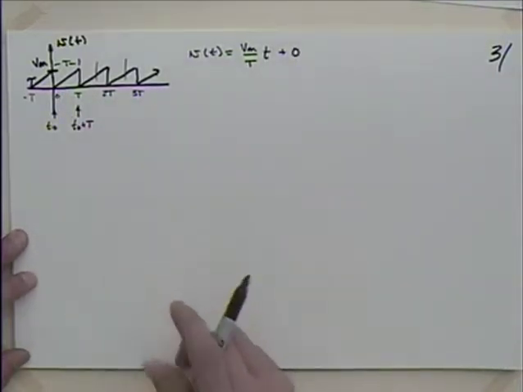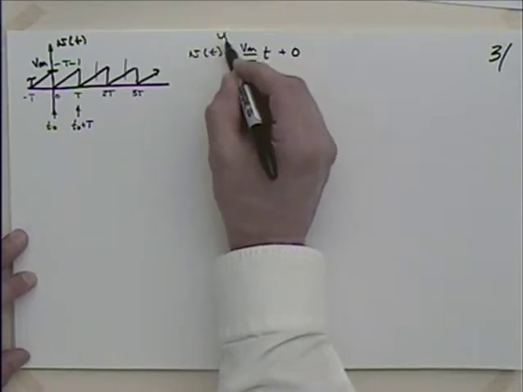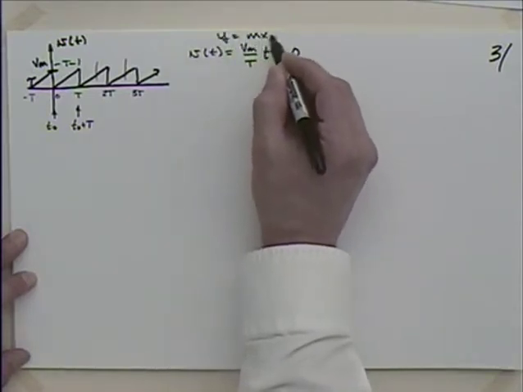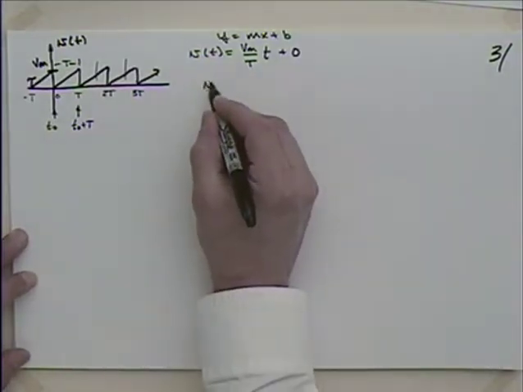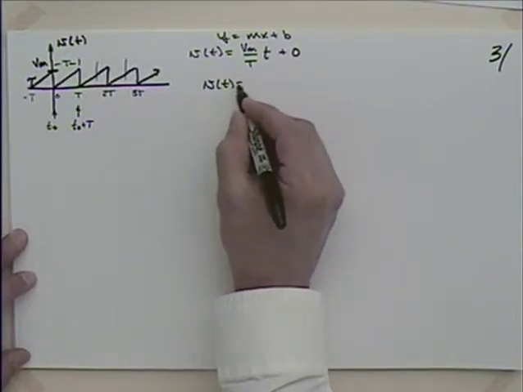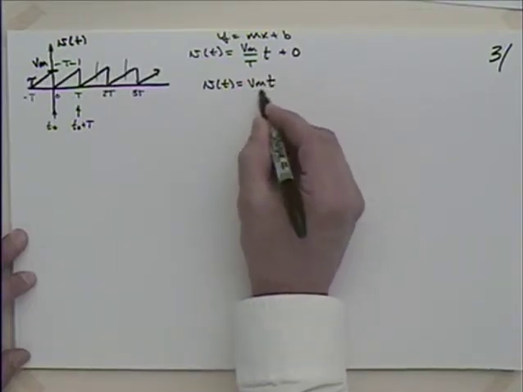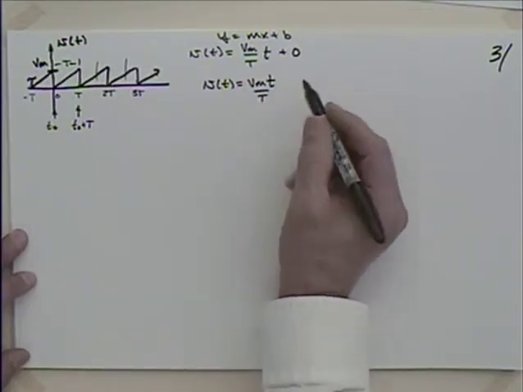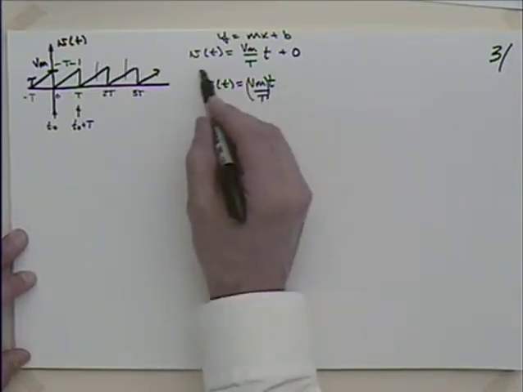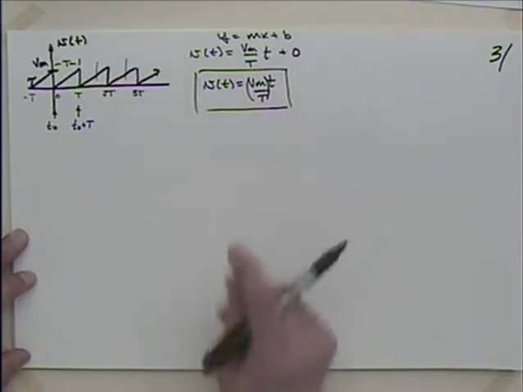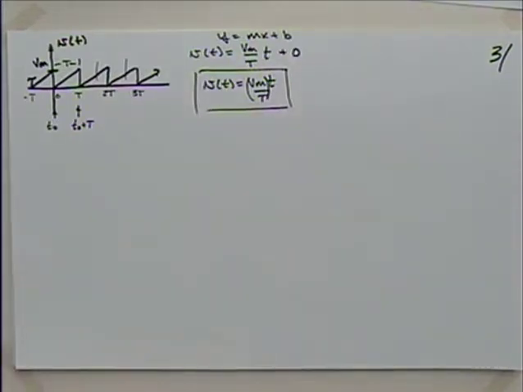That's really just y equals mx plus b, isn't it? So the equation is v of t equals Vm t divided by the period T.